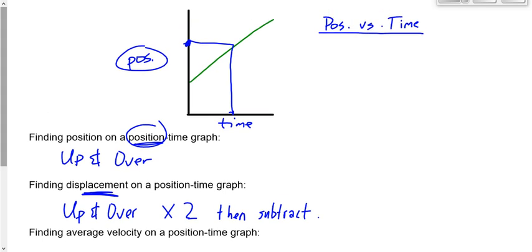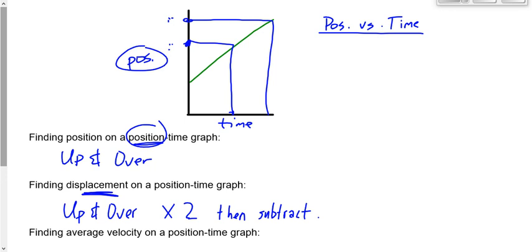So there's a position. Hey, here's another position. Up and over, and then we're going to subtract those two positions in order to get displacement. We can call it displacement, but what you're really finding here is the change in position.